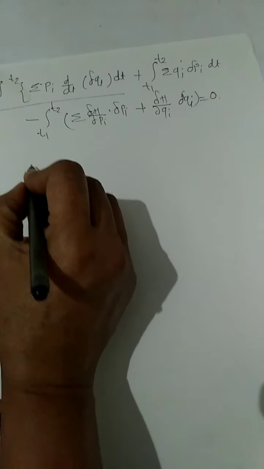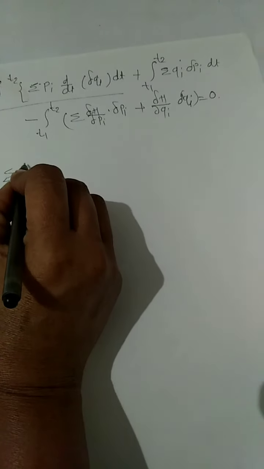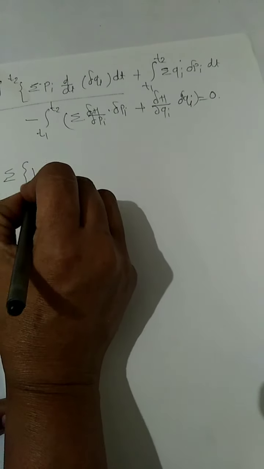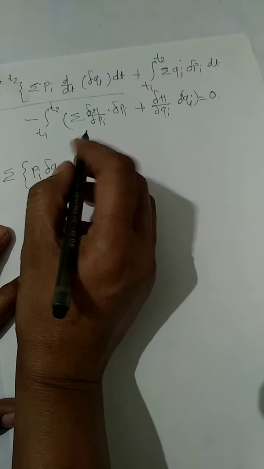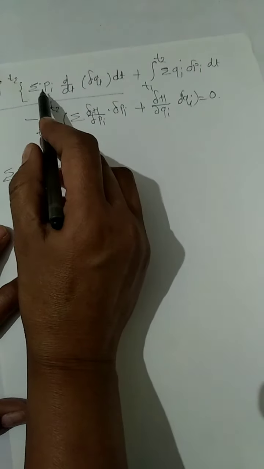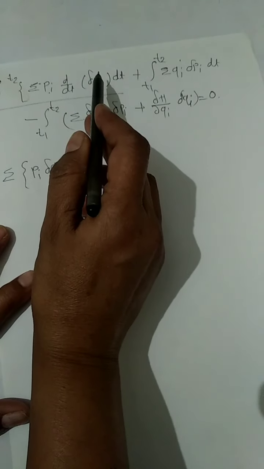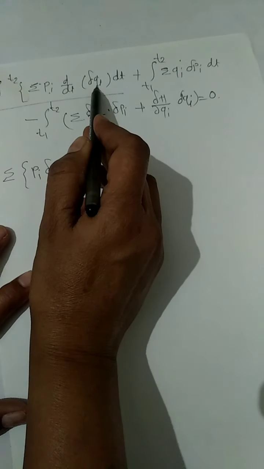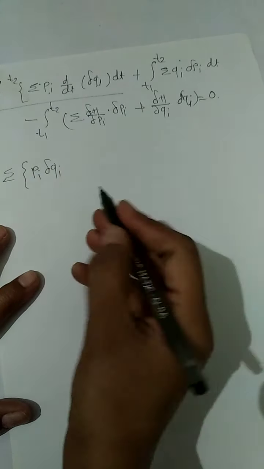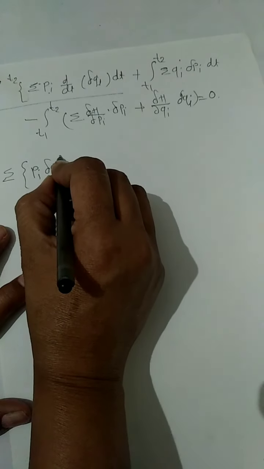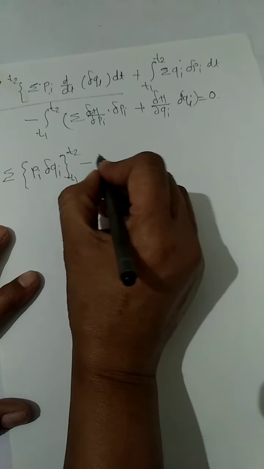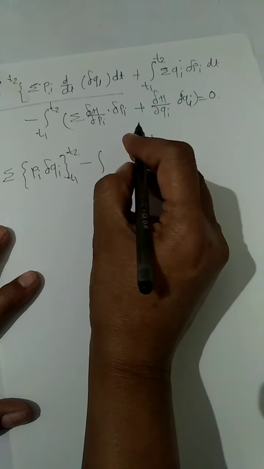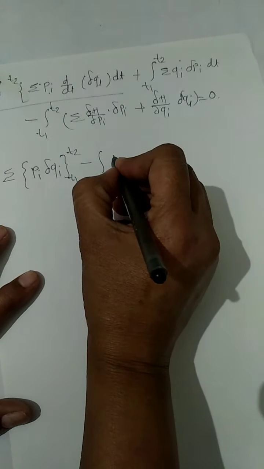Then we get the integral summation of Pi into del Qi, meaning first function into integration of second, minus T1 to T2 minus integration of the derivative of first.